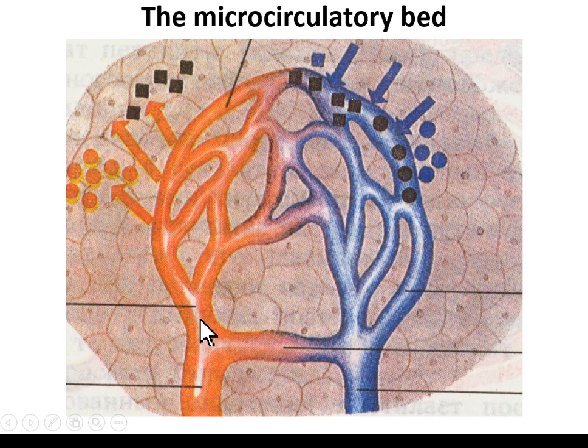A small artery continues into the arterioles. Precapillaries have sphincters and direct the blood into the capillaries, only into the capillaries. Then postcapillaries, from the postcapillaries form the venules, then small veins. These are the structure of the microcirculatory bed.